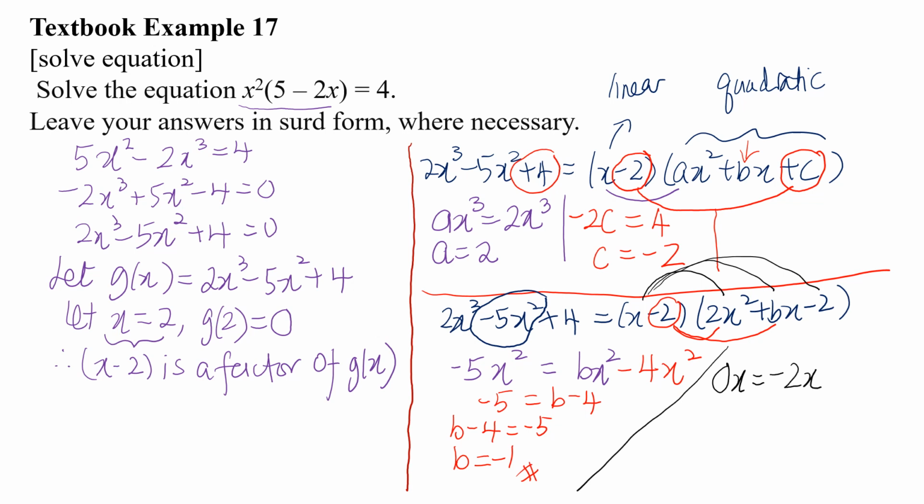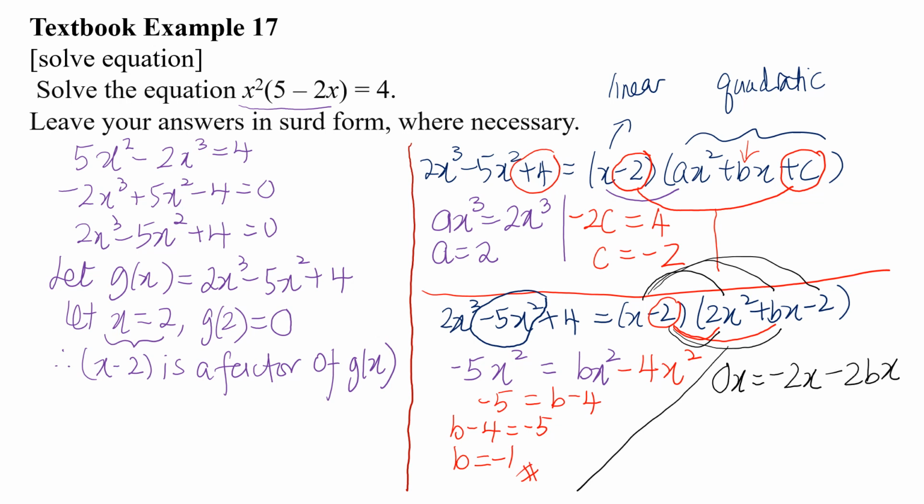Then go back to -2. You must be fair, there are two terms in the linear factor. You work on x, you must also work on -2. So -2 times 2x squared is -4x squared, no. -2 times bx, -2bx, yes, this is what I want.